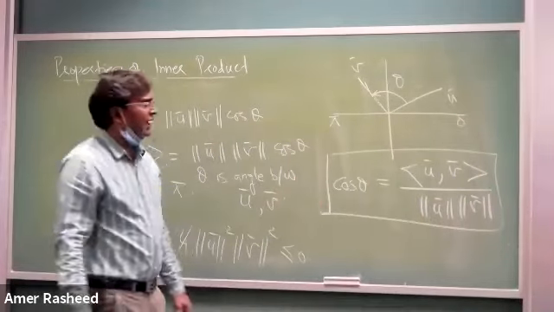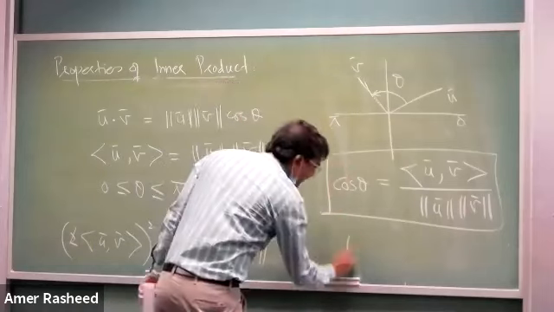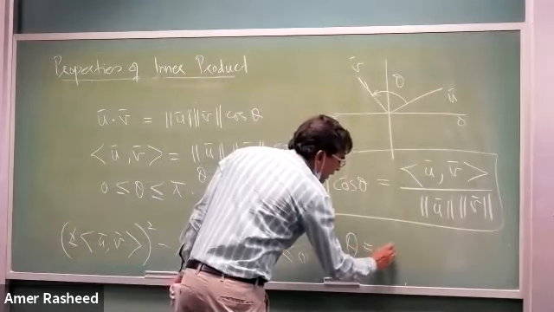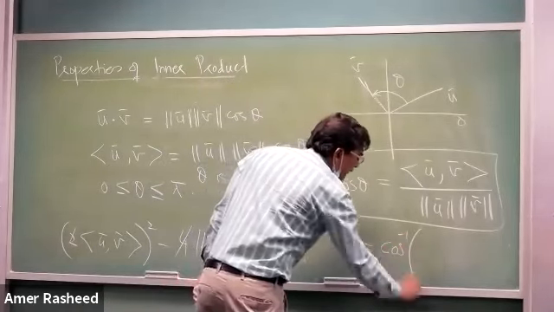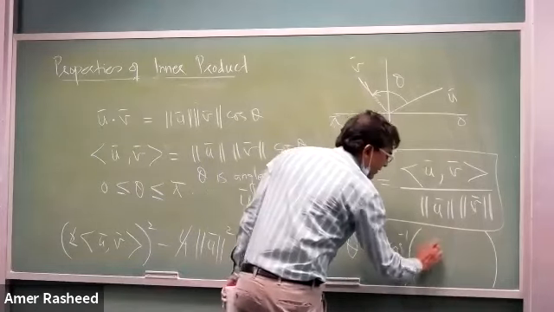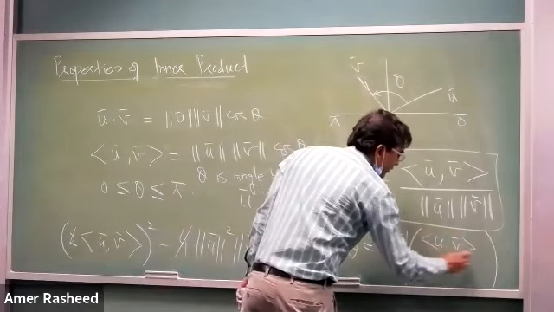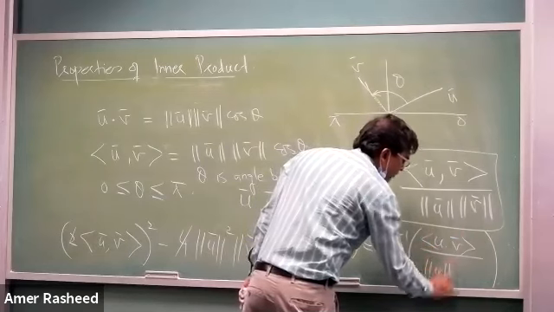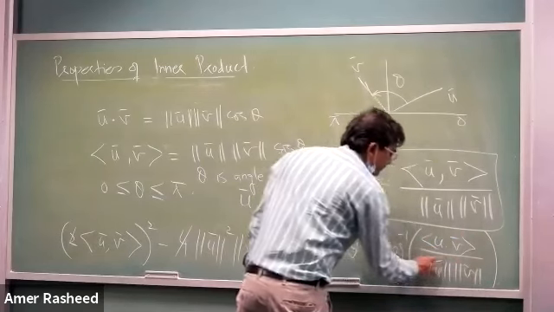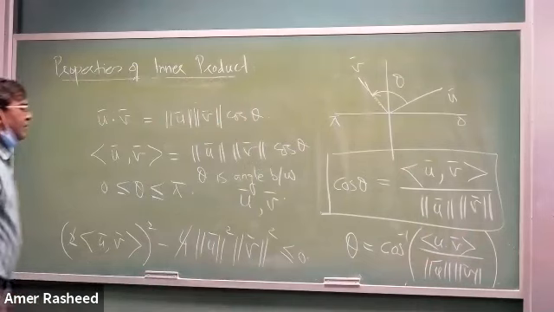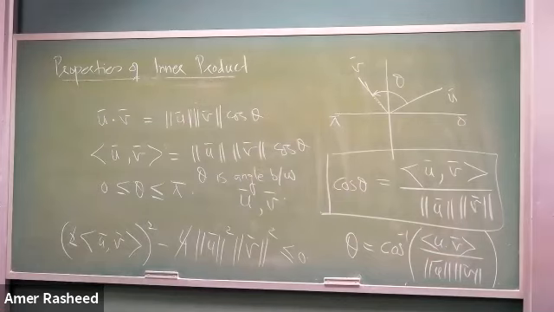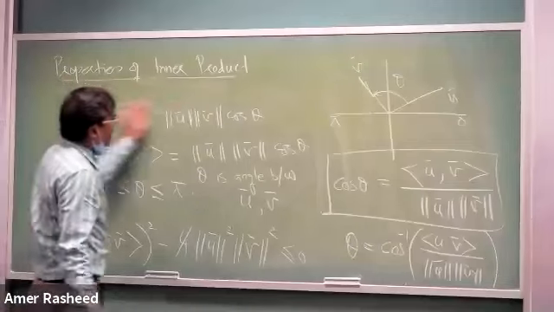Cosine of theta is equal to this, and theta is the cosine inverse of this whole thing: u dot v, the inner product, divided by norm of u and norm of v. This is how we can find the angle between two vectors in Euclidean space. I hope you get it.